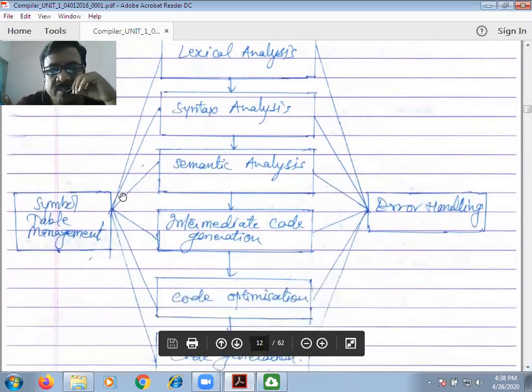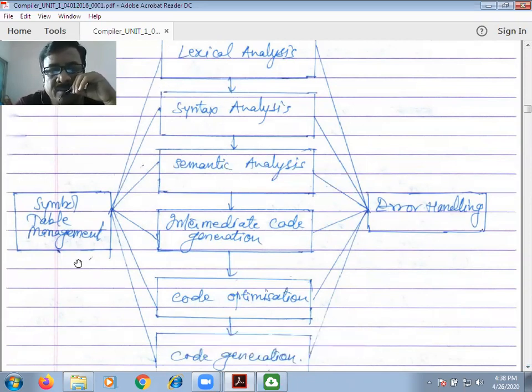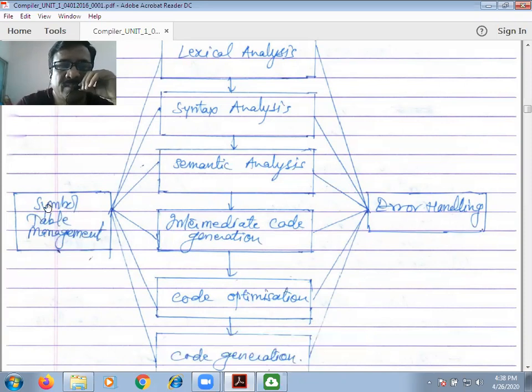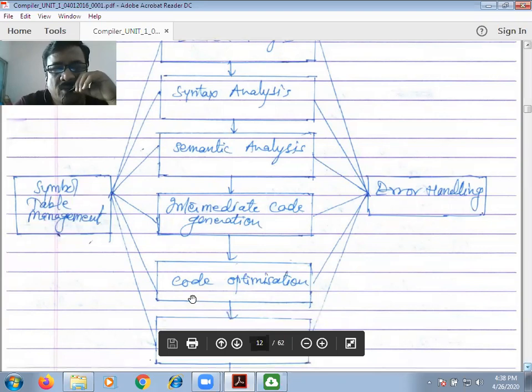The symbol table is a data structure that stores the required information in memory, and we can use any kind of data structure to design this block. The symbol table holds the intermediate information related to the execution of each phase.